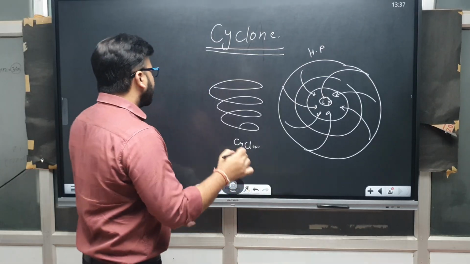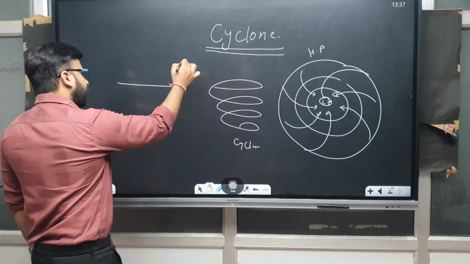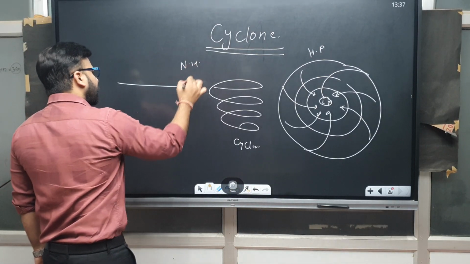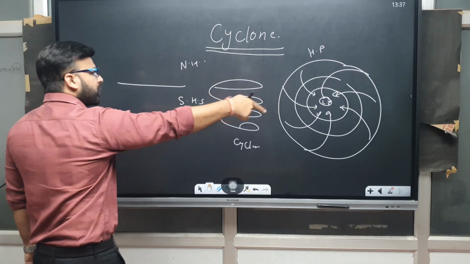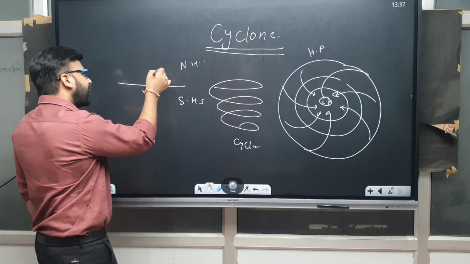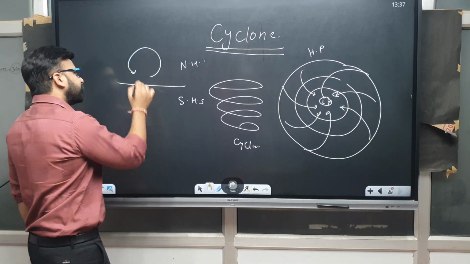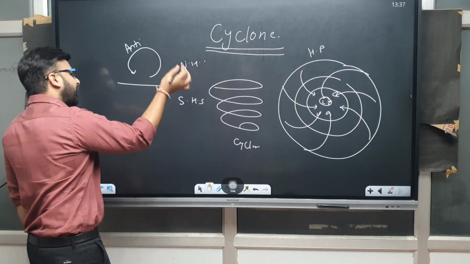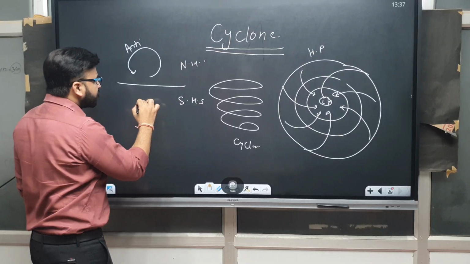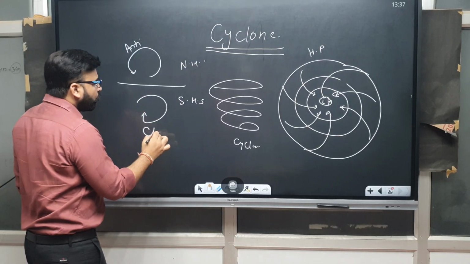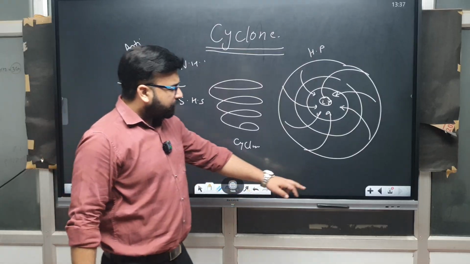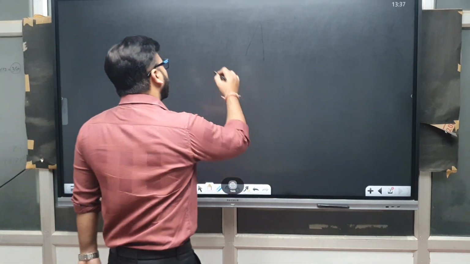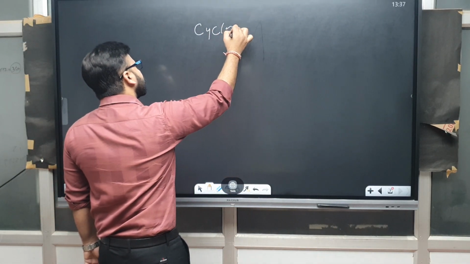A basic point is that in the northern hemisphere the cyclic movement is anti-clockwise, but in the southern hemisphere, it is clockwise. These are basic things. And we know cyclones are of two types.